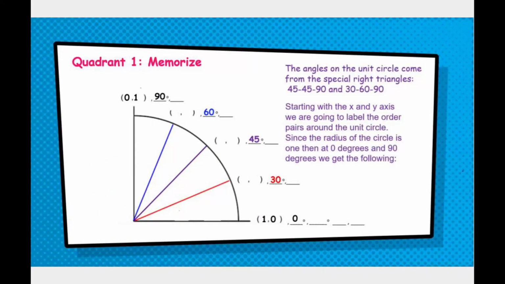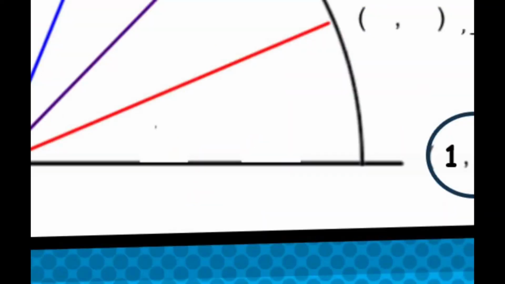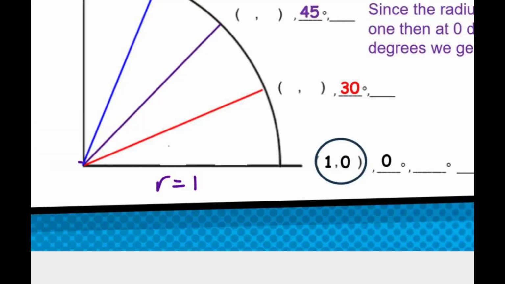Starting with the x and y axis, we're going to label the ordered pairs around the unit circle. Since the radius of the circle is 1, at 0 degrees and 90 degrees we get the following. Once again, we know that this radius, r, equals 1. So we've gone over 1 and up 0.